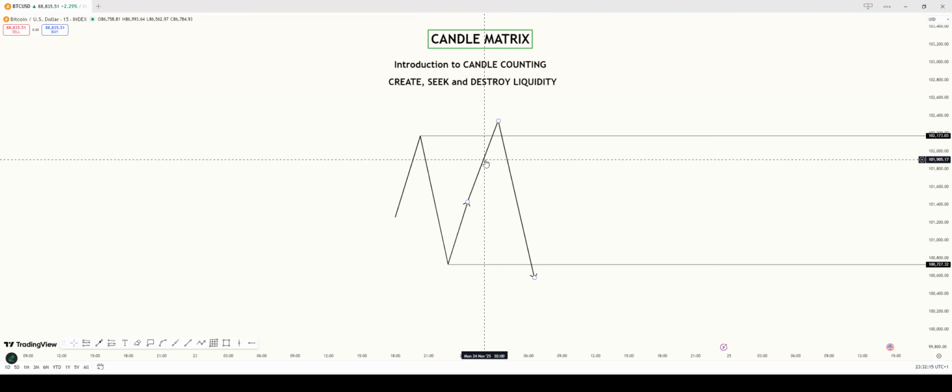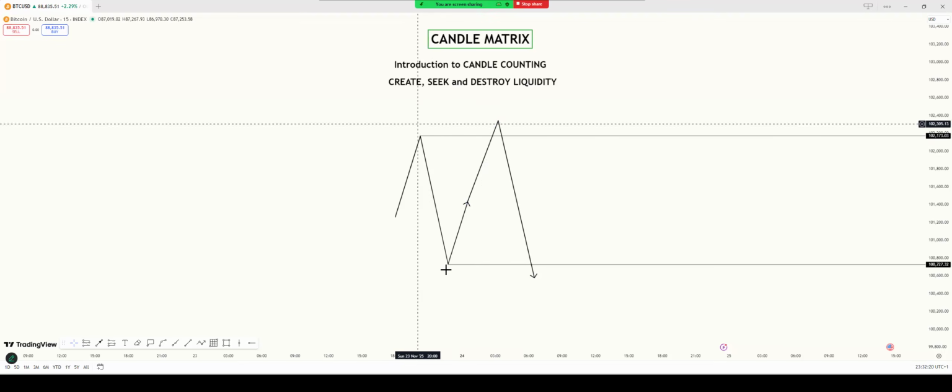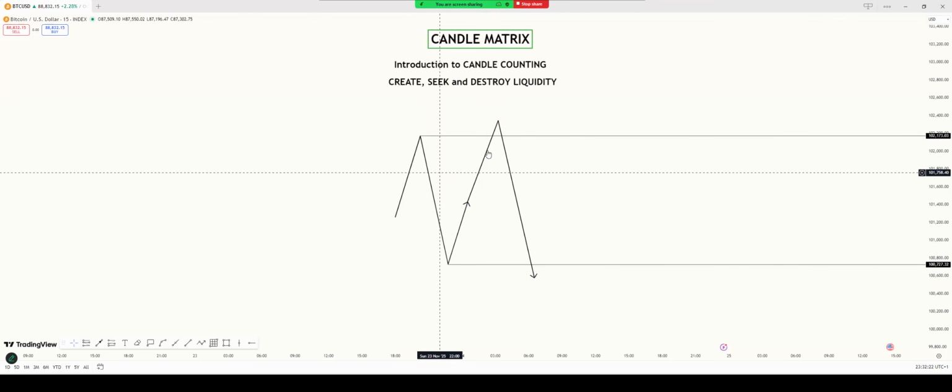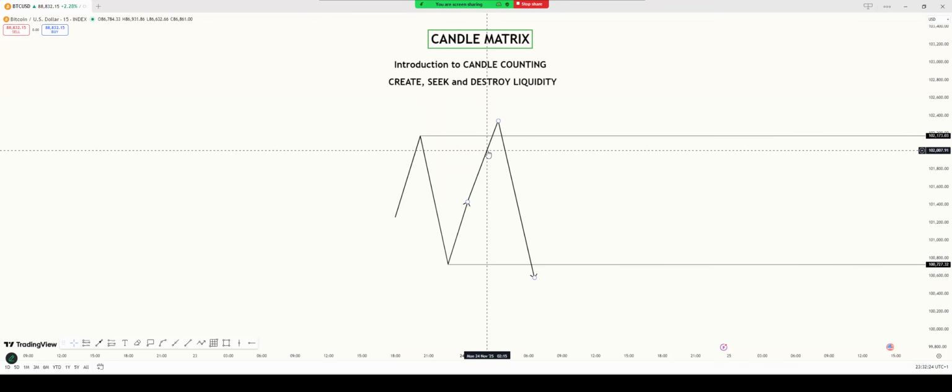Some people mark out their range from a swing high to a swing low. Some people mark out their range based on time, so from a certain time of the day to a certain time of the day, and they mark out the high and the low within that time frame. Some people identify their range by marking out a strong high and a strong low.